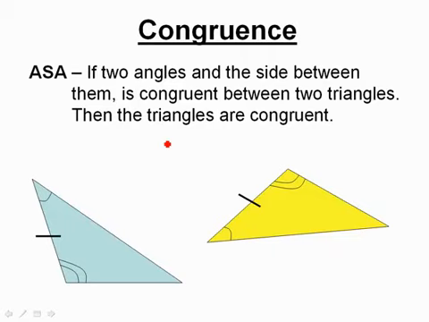Now for some congruence. ASA, meaning angle-side-angle. If two angles and the side contained between them are congruent between two triangles, then the triangles are congruent. So as you can see here, you've got two angles of equal size, a single and a double, and a single and a double, and this side is equal. Knowing that, you know which direction everything has to go at an angle.